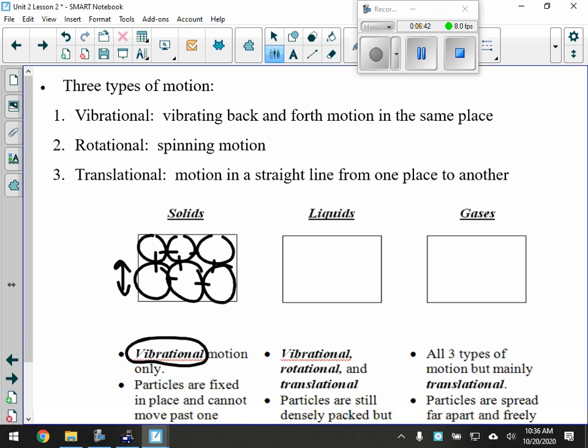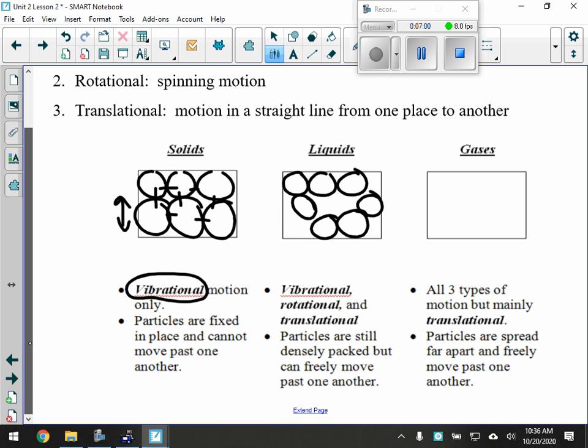In liquids, we have some spaces here. So we're going to have some spaces. Okay. So we got a little bit of spaces. Some are connected together. Not all of them are connected together. Okay. And so we talk a little bit about, in this case here, what are some types of motion we get here. Mostly probably vibrational, so they can vibrate back and forth, the ones that are connected, and some rotational, probably, I'd say.